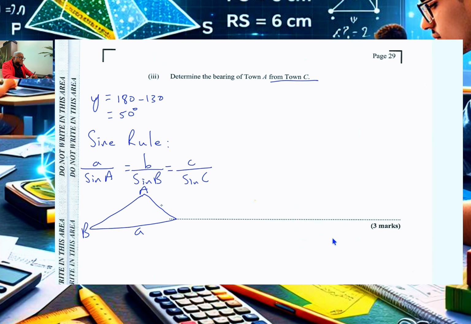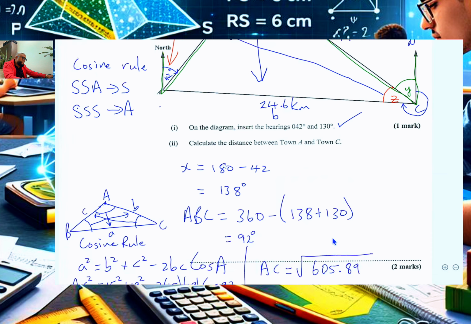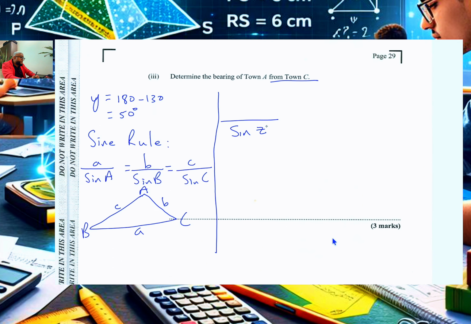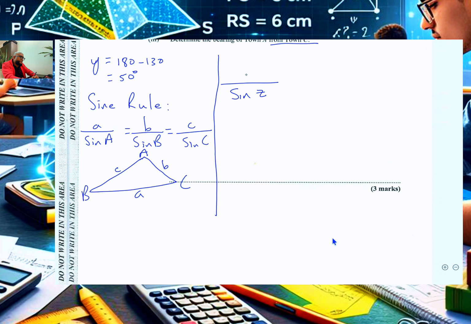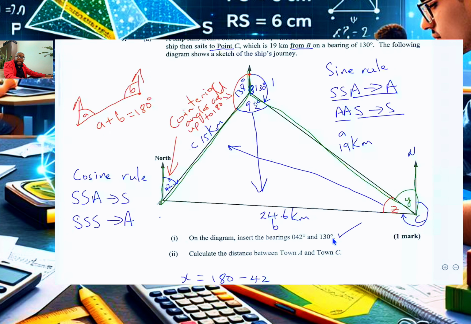If here's capital B, here will be small b. If here's capital C, here will be small c. Using capital C, small c, right? So it will be, remember we're calling the angle Z. So we have sine of Z underneath because we're calling the angle Z, right? The side is 15. And this will be equal to the other side and angle that we're looking at, which will be 92 and 24.6, right?